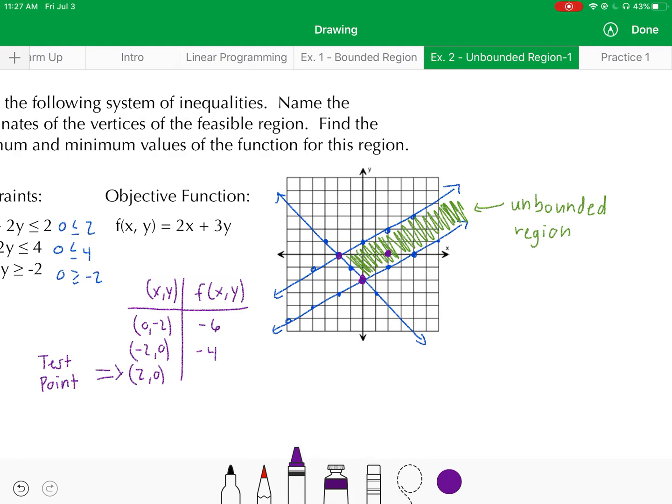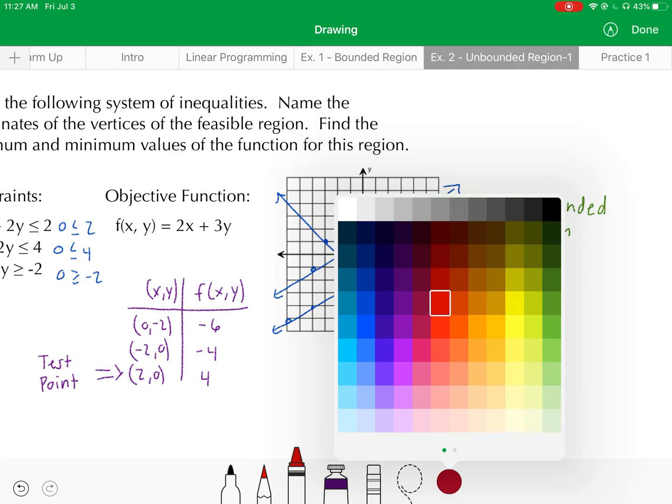That's going to help me conclude whether I have a max or a min in this scenario. If I plug 2, 0 in, it leads me to positive 4. Now positive 4 is larger than either z value given by the vertices, so I can conclude there's no maximum in this situation.